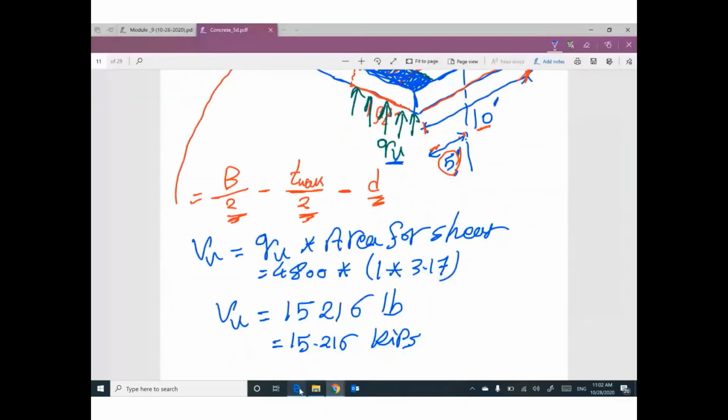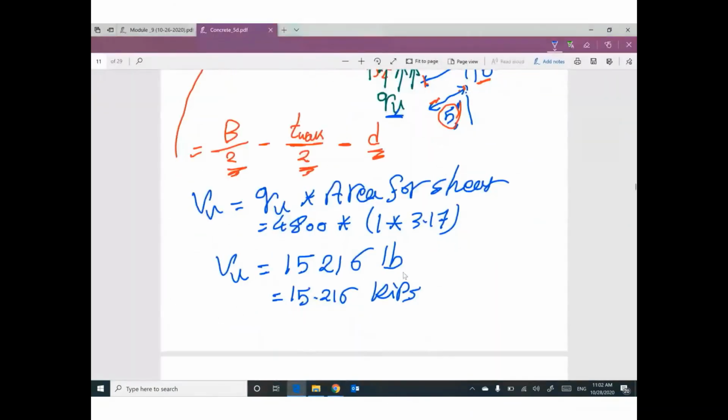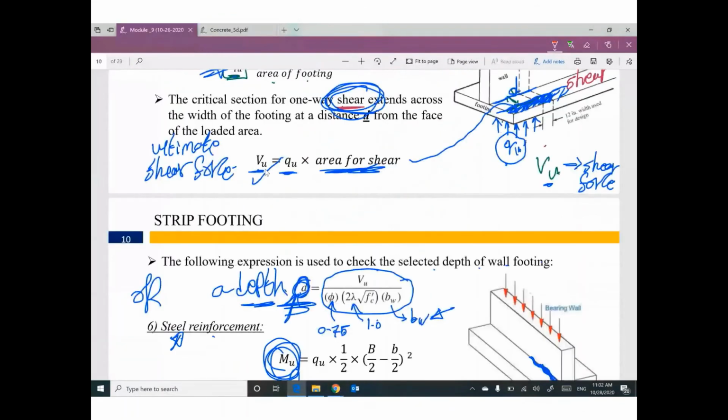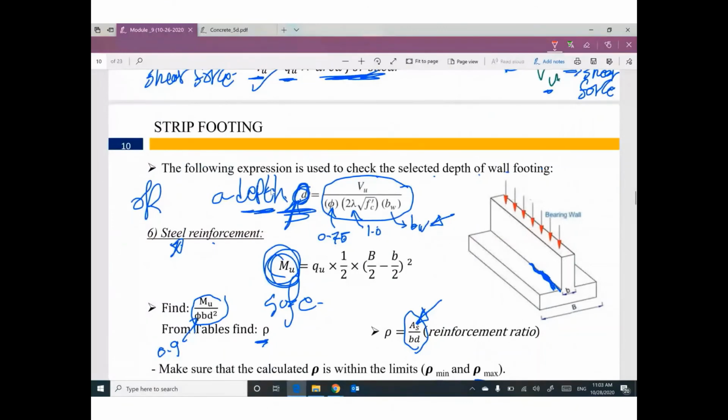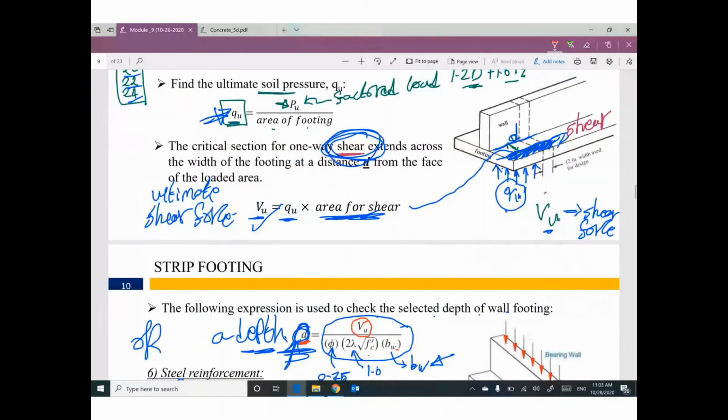Okay. We need to check. Do you think this V ultimate divided by phi 2 lambda square root f prime c b web will give you a depth greater than what you assumed? Let's try.